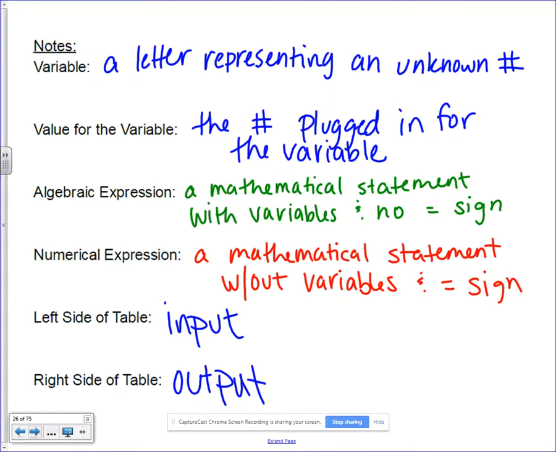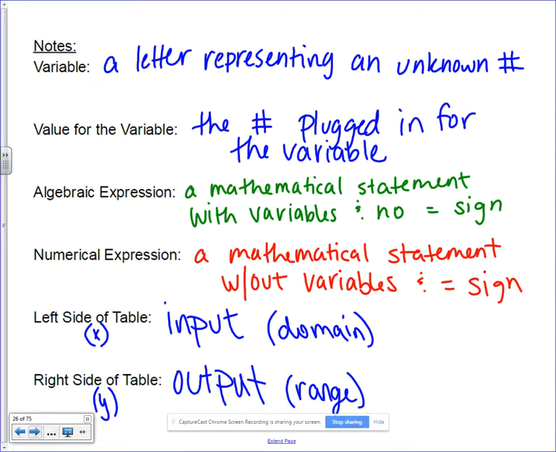Now, if we want to go a little cross-curricular here, in science, it's X and Y. This left side is going to be the X, and the right side is going to be the Y, but what are they called? It is independent and dependent. Okay, Mrs. Neary will talk to you about independent and dependent variables. In math, we call them something different, and we're not going to talk about this now. I'm just going to plant the seed so you see the words, and we'll come back to it later. The input is called the domain, and the output is called the range. Input is the domain, output is the range.